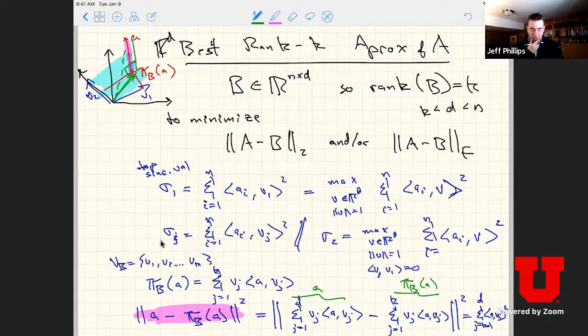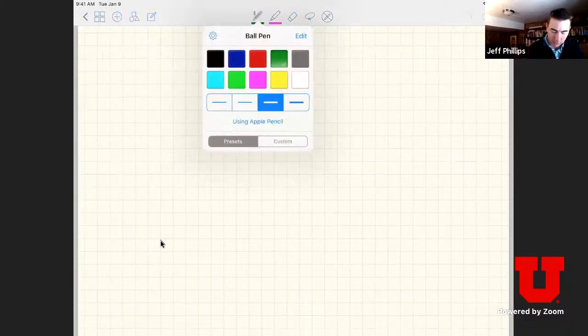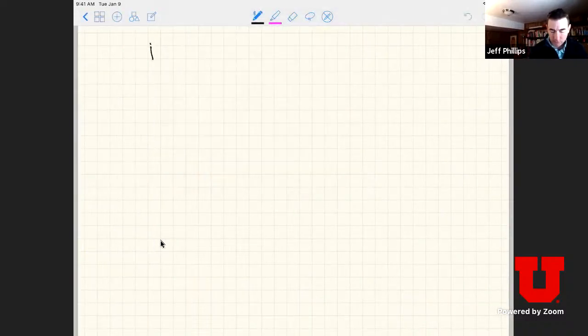So this allows me to write the cost of a point that's left, and now my goal is to find the subspace B which minimizes this squared cost over all the points. So now my goal is to find B.